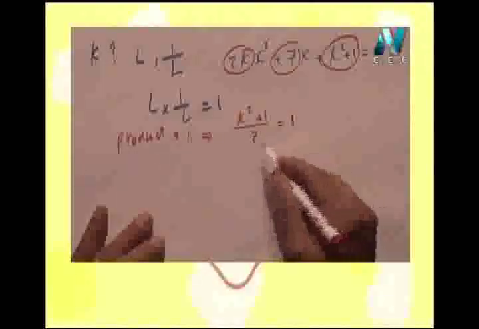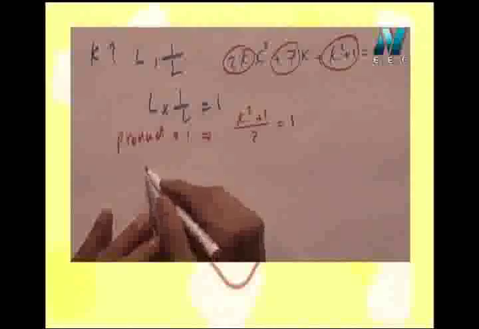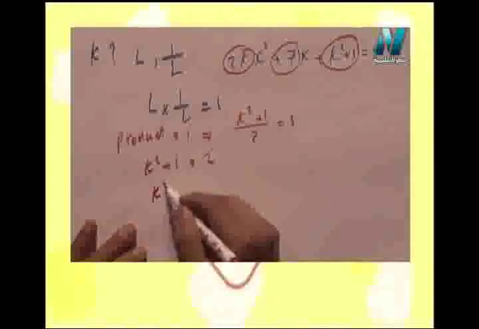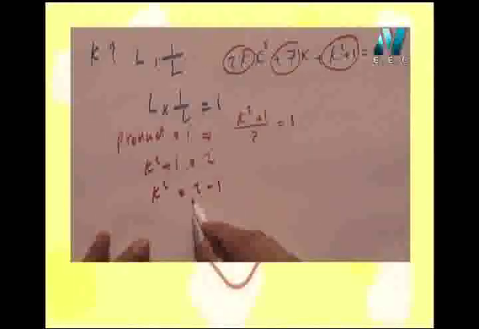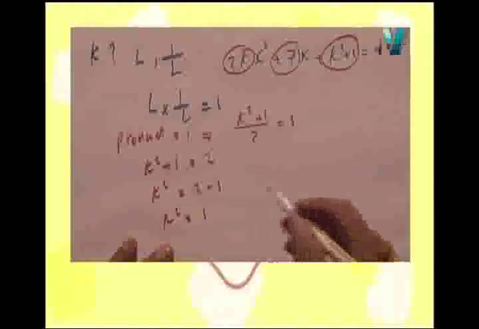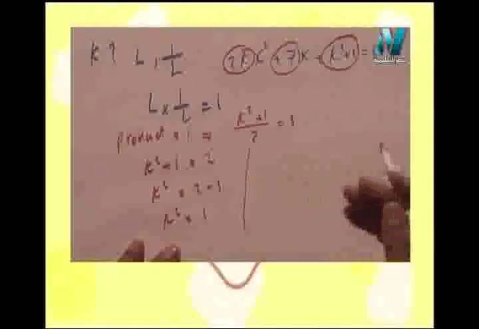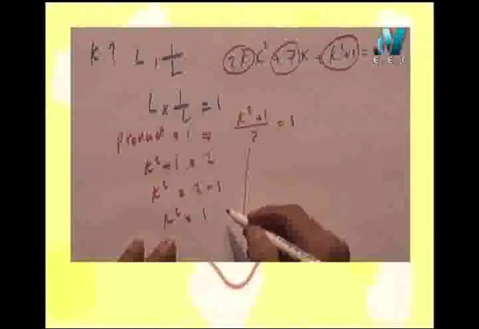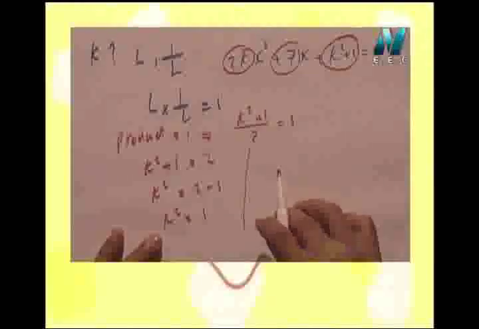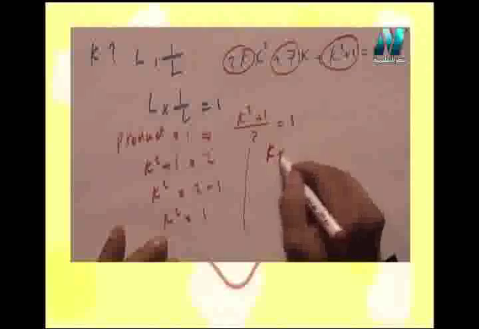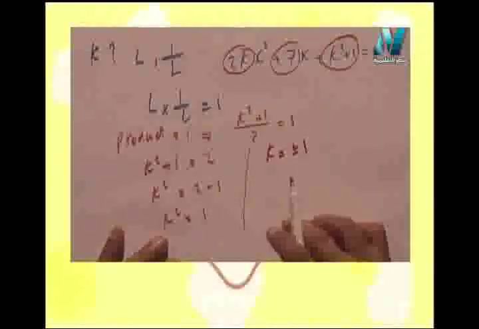And you will multiply 2 by 1, and the answer will be k power 2 plus 1 equals 2 times 1, equals 2. And k power 2 equals 2 minus 1. And k power 2 equals 1. And by taking the square root for the two sides here, will be what? K will be positive or negative 1.